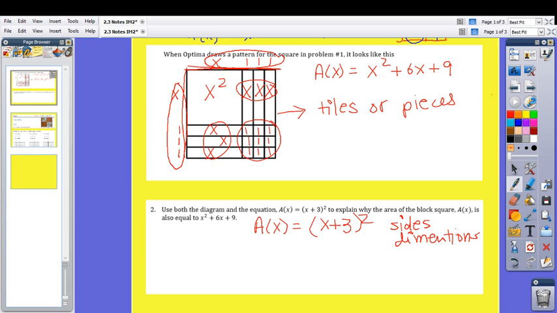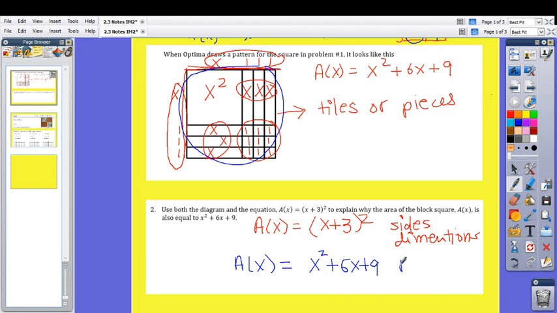And if you are saying A(x) equals x squared plus 6x plus 9, then you are talking about the area that we came up with using the pieces or the tiles.